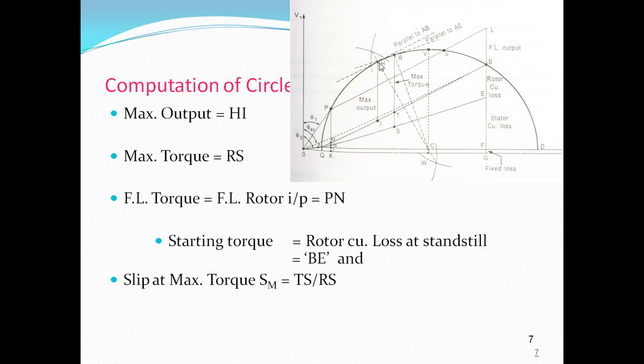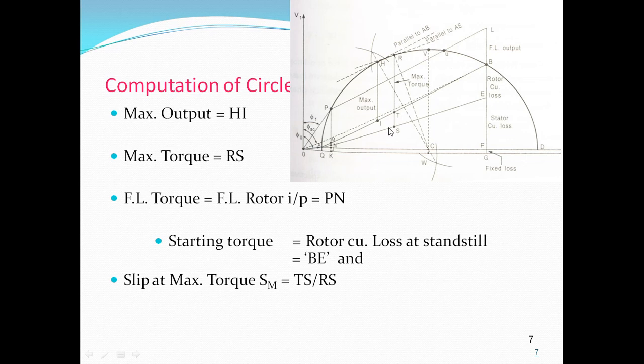This is the output line AB. That touches at point H. From H draw a vertical line. So if you measure HI, that gives the maximum output.